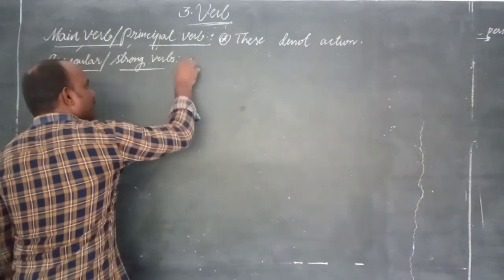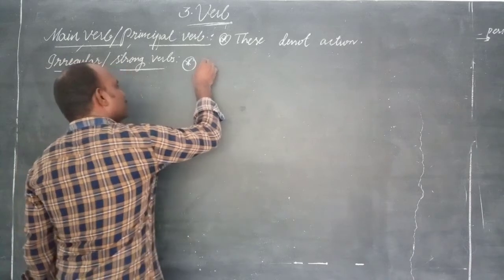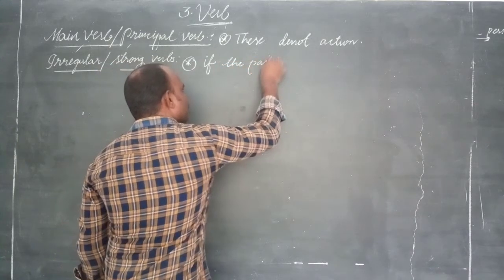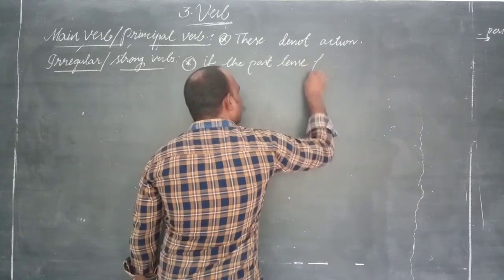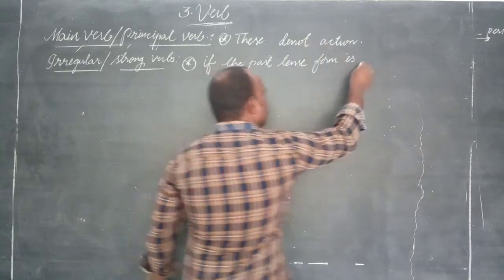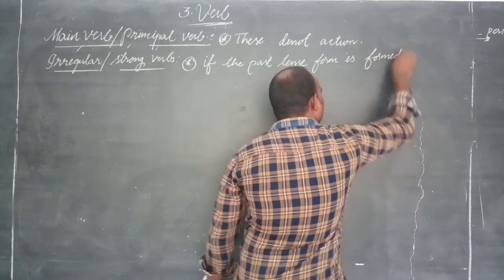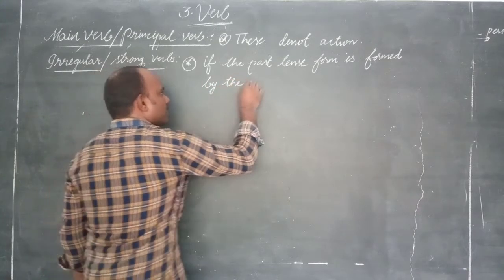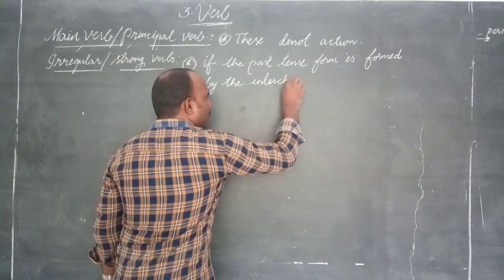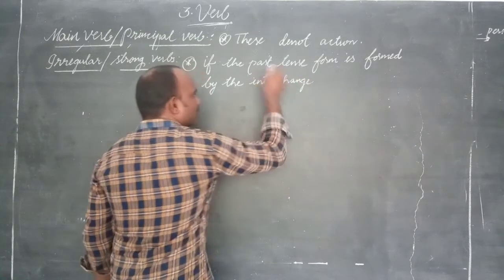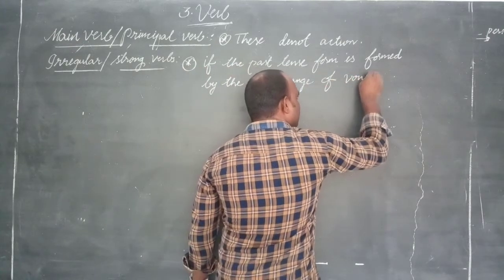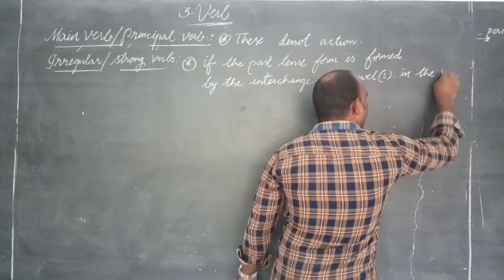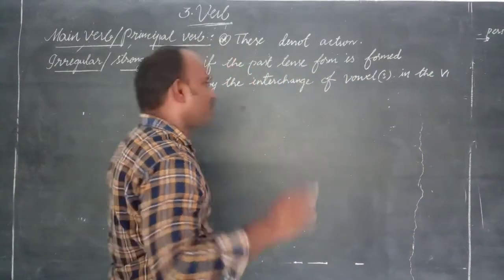You see, if the past tense form is formed by the interchange of vowel or vowels in the V1. V1 means present tense form, verb 1.